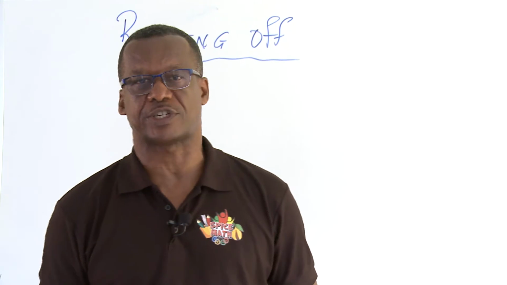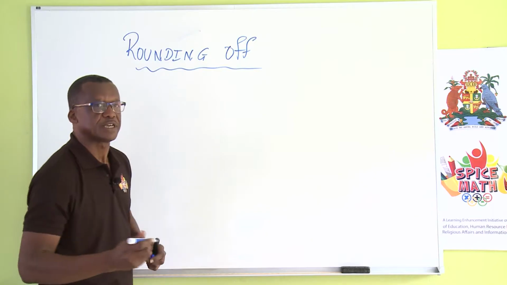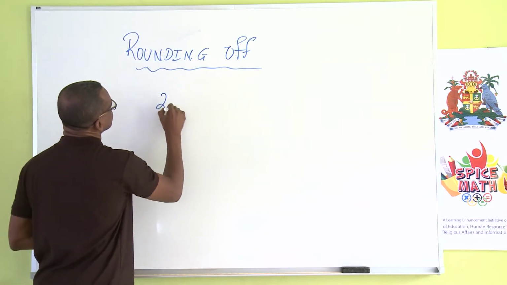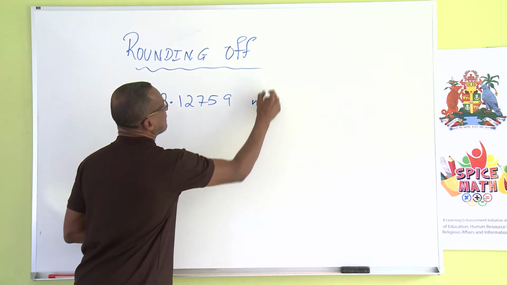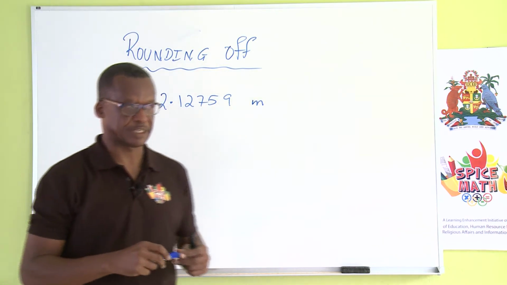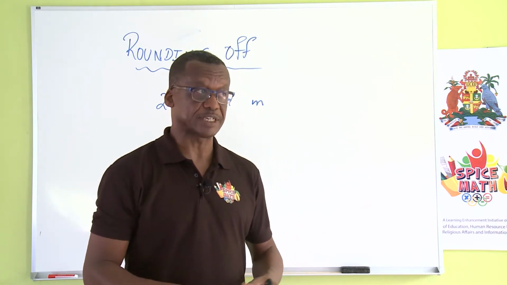First, let's do a definition of what rounding off is. Now, rounding is a way of approximating numbers so that they can be realistically easier to represent or to be reported. For example, if we had this number as a measurement for meters, it would be a precise measurement mathematically.